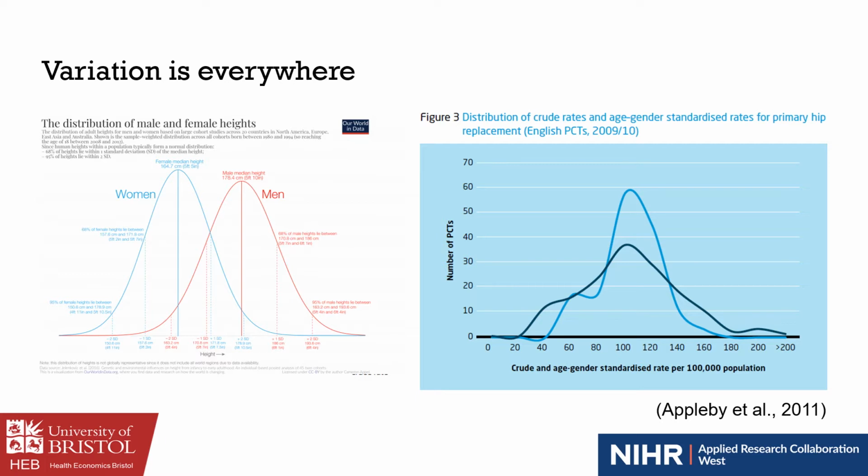Again, this may be due to various factors, such as the particular characteristics of people in the area, such as their age, the prevalence of particular conditions like osteoarthritis, and of most interest to us, choices made within the health system. This could be by commissioners in the area, particular hospitals, or particular clinicians.